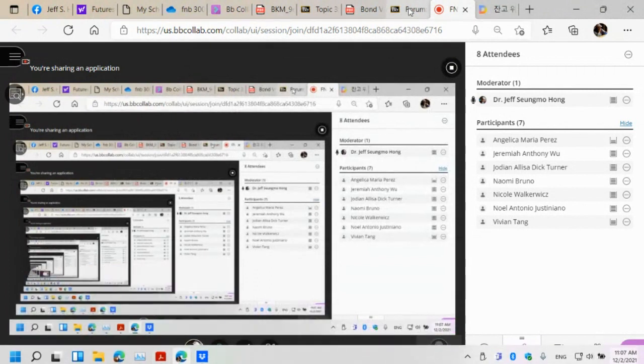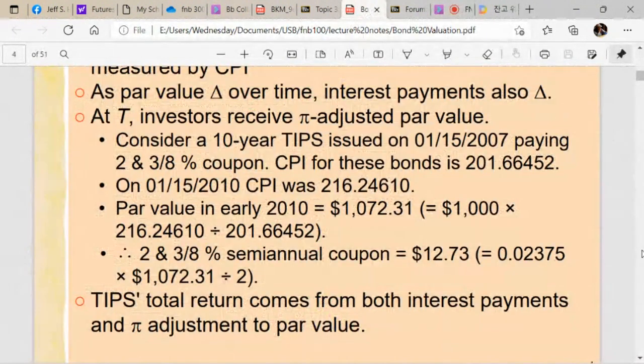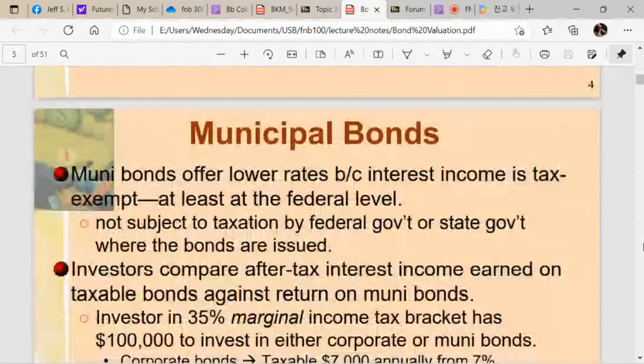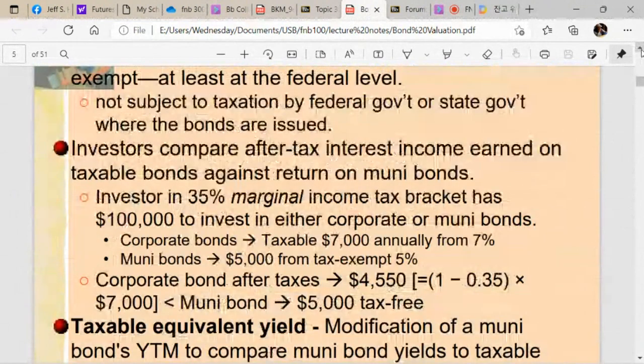So let me continue. Let me open this file. In our last class, we talked about muni bonds and how to compare a muni bond with a corporate bond, or even a Treasury, because a corporate bond is subject to taxation, while the muni bond is exempt from tax.